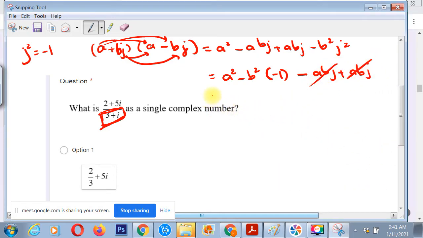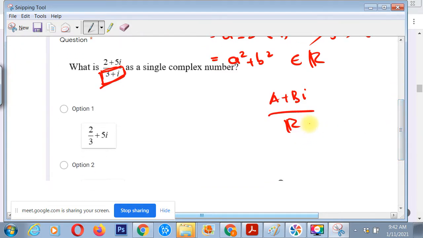So we will have a square plus b square, which is a real number. Once it becomes a plus bj divided by a real number, it is easier to deal with, because no more i here.